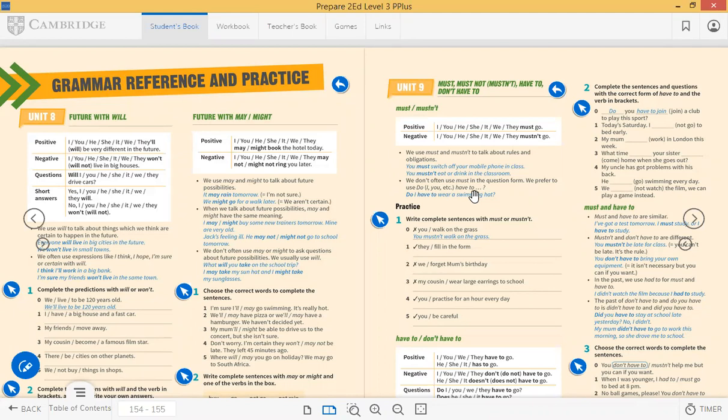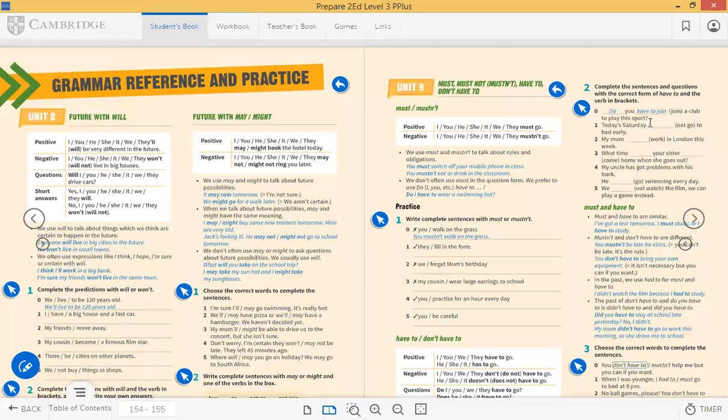Let's form the number 1. Today is Saturday. I, the negative, not go to bed early. I don't have to go.